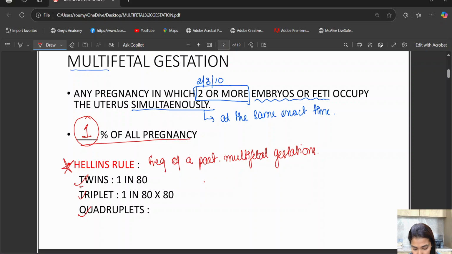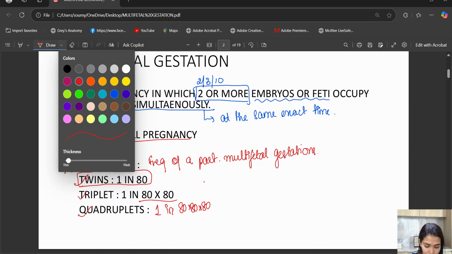So now, Hellin's rule states twins ka frequency is 1 in 80. Triplets ka frequency is 1 in 80 into 80. So just think logically, what will quadruplets be? It will be 1 in 80 into 80 into 80. Correct?